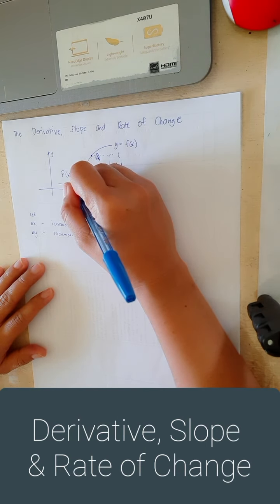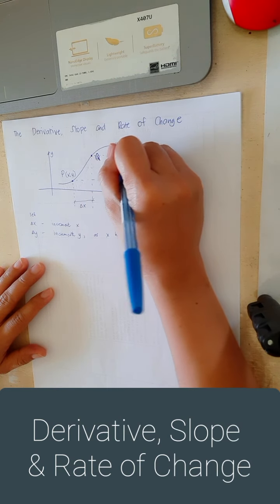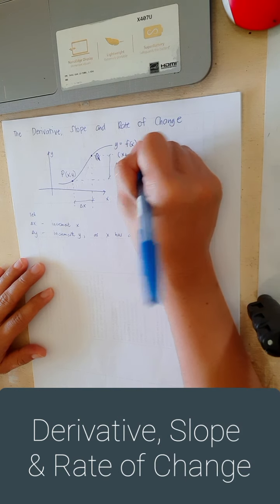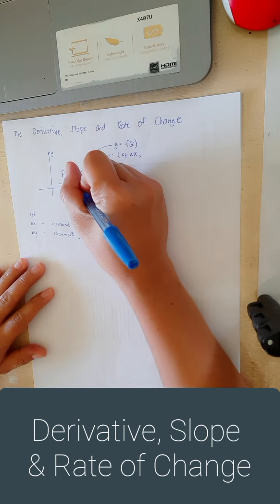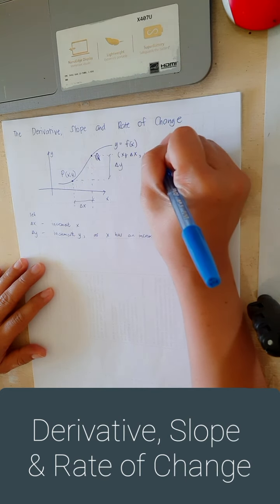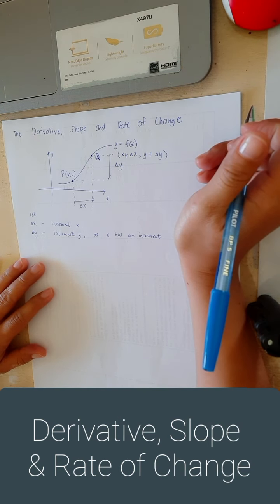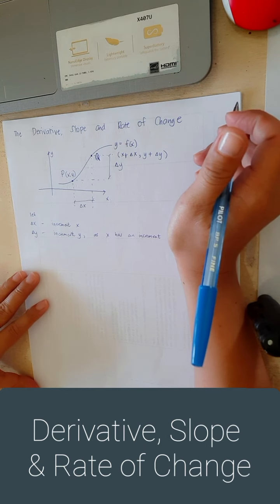We have x plus delta x, right? For the x coordinate. And for our y coordinate, we have y plus delta y. Okay?